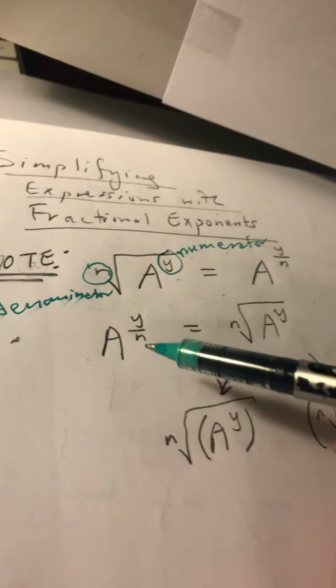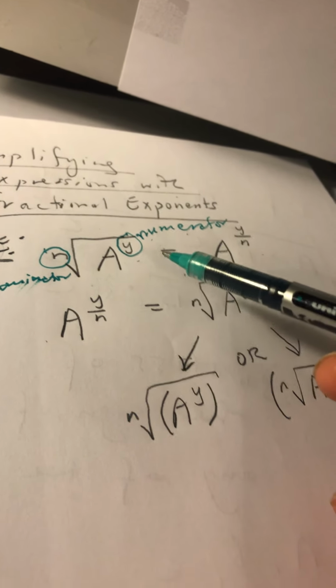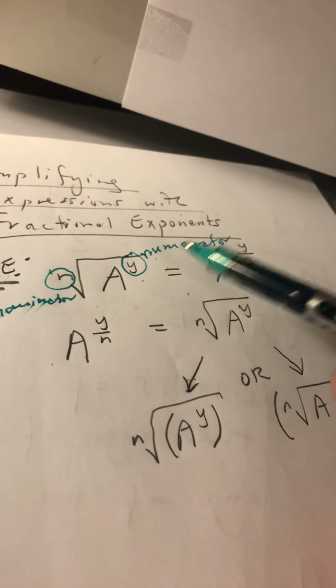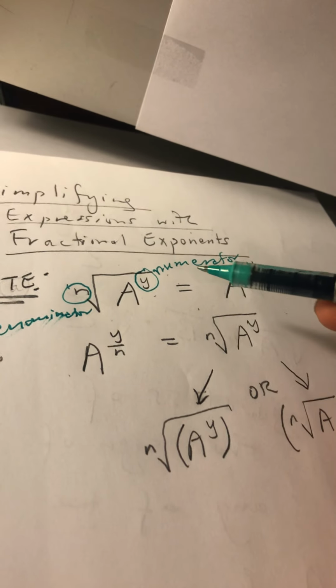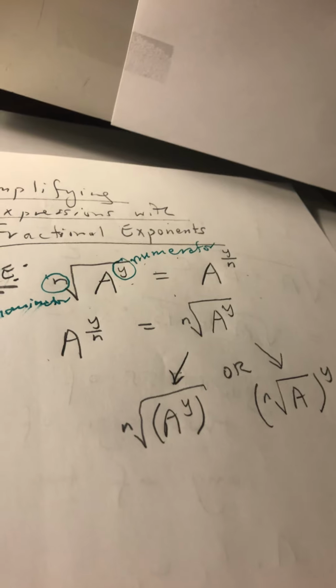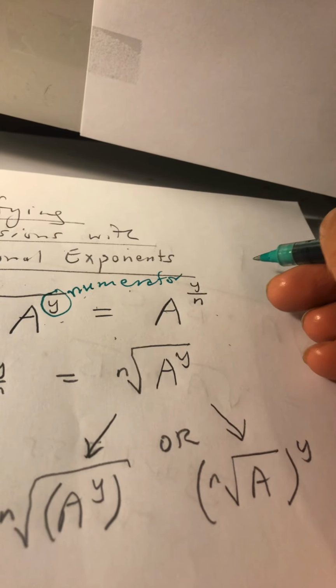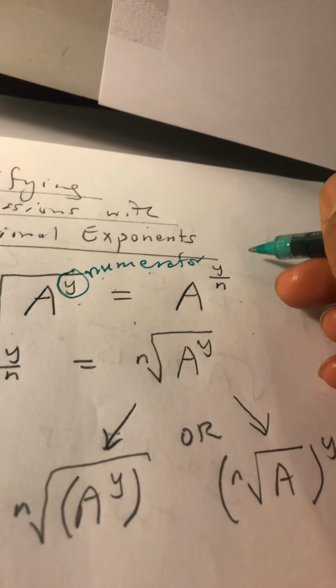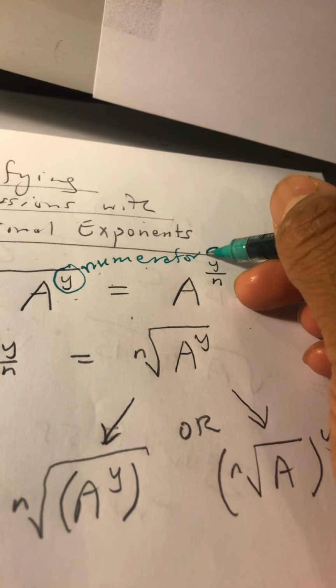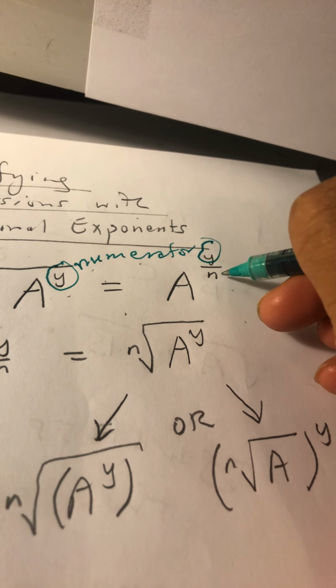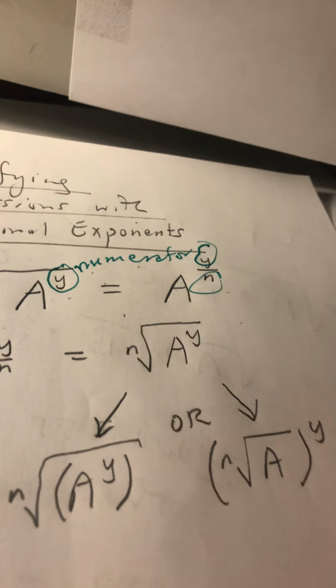So if you have your calculator and you're trying to figure out some value written as some nth root of something raised to the y power, as long as it's not some algebraic term, non-numerical term, you can rewrite it as, now you can see that the y is the numerator and the n is the denominator, and these are equivalent.